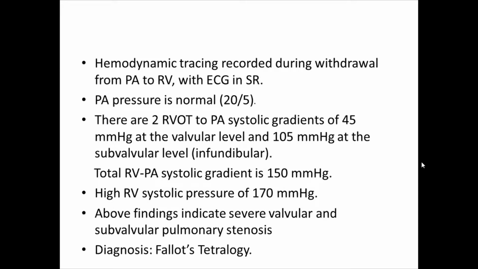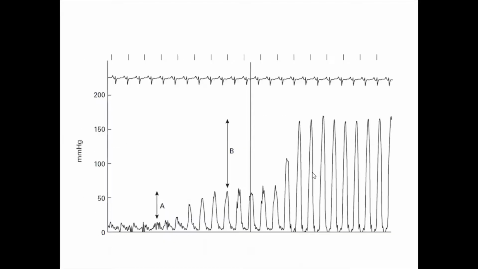Hemodynamic tracing recorded during withdrawal from the pulmonary artery to the RV with ECG in sinus rhythm. The pulmonary artery pressure is around 20/5, as I said before. There are two gradients. One is from the RVOT to the pulmonary artery, a systolic gradient of 45.